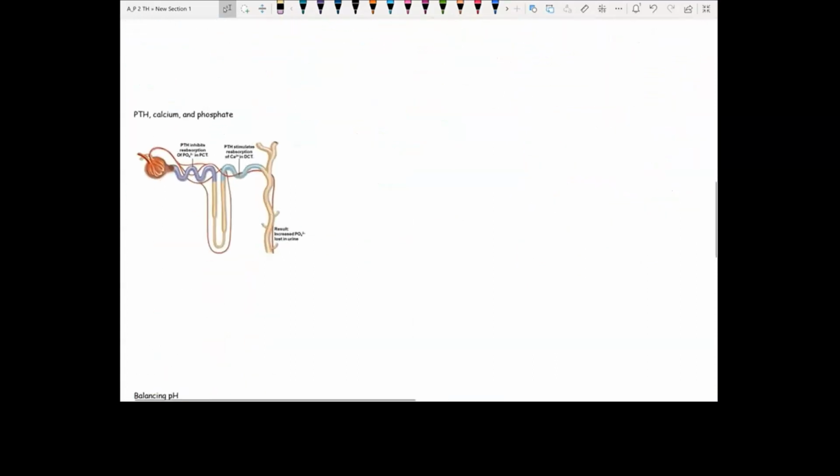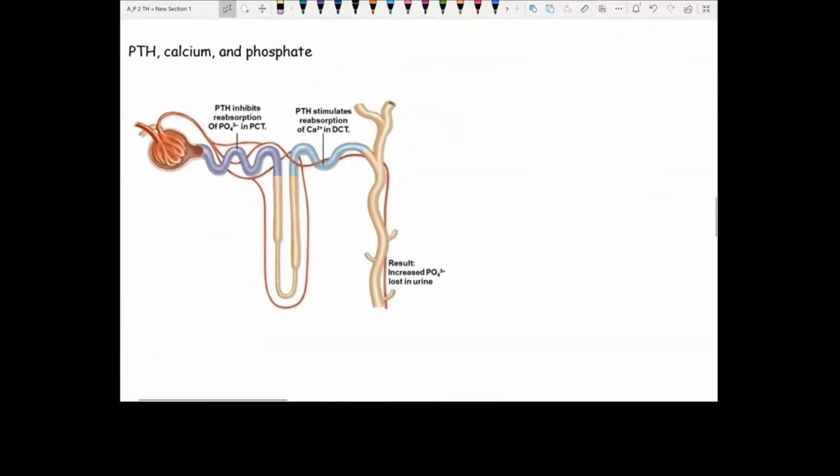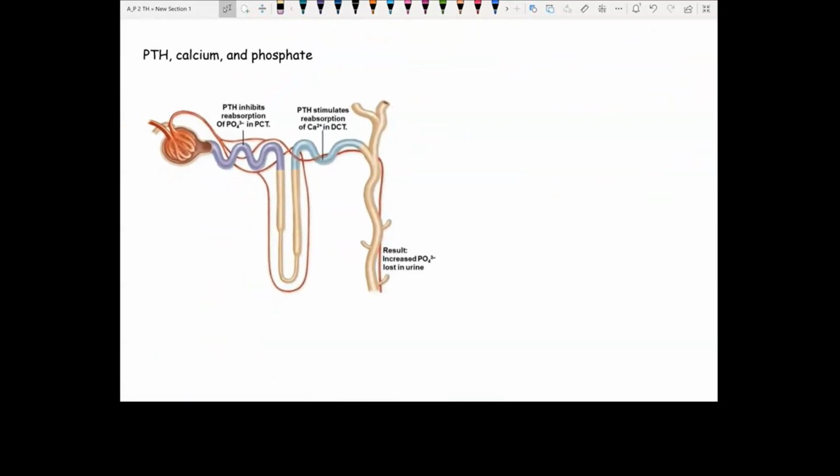The next one to look at is calcium and phosphate. So this goes back to Chapter 7. You're going to have to think back to Chapter 7 for a few things. The first thing is, what is the job of PTH, which stands for parathyroid hormone?